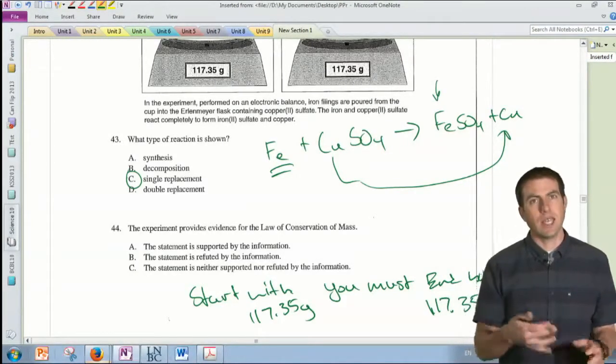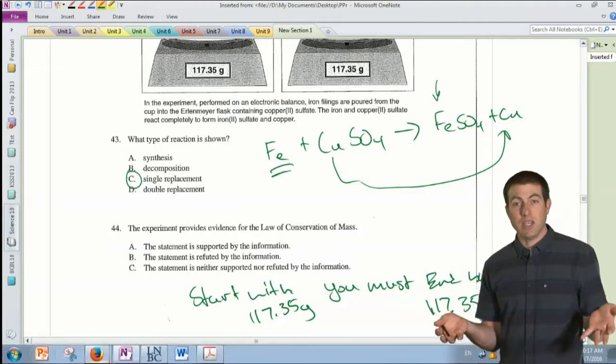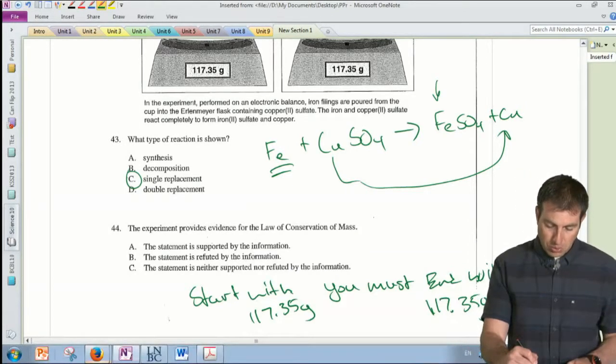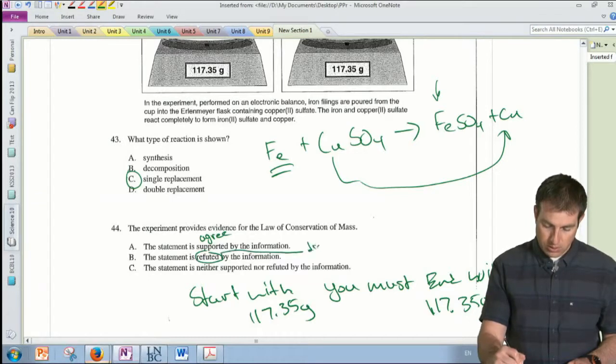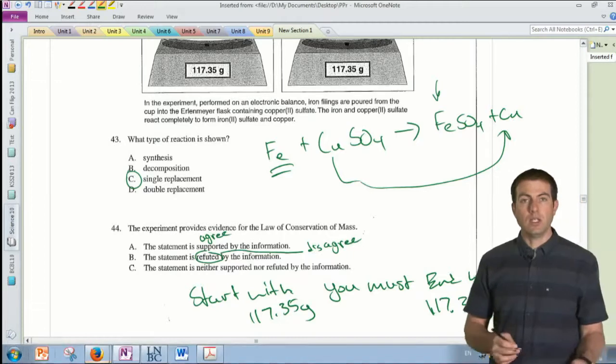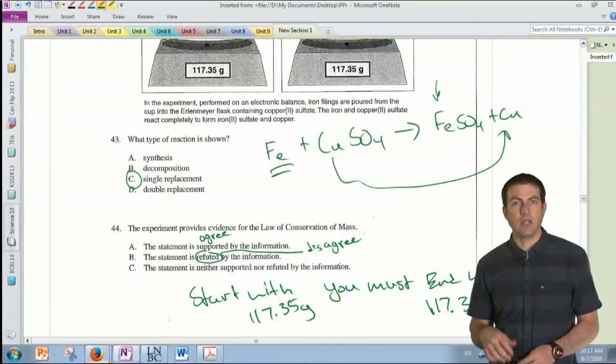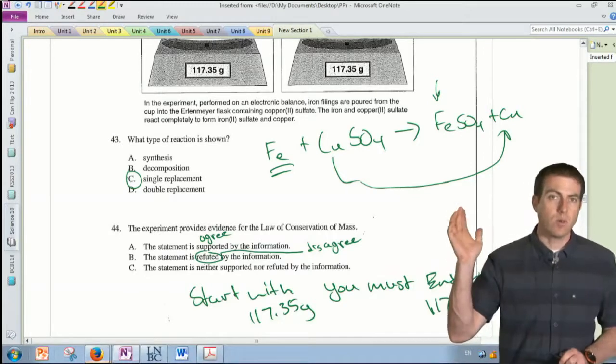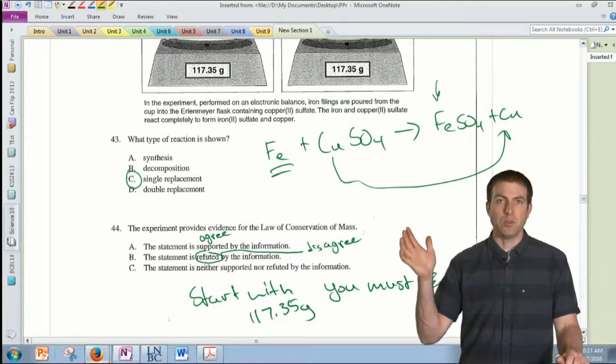You'll notice that again, it's kind of like an English type question. You get words like supported and refuted. Supported means agree, and refuted means disagree. If you run into words that you don't understand the meaning of in your science provincial, put up your hand and ask, hey, Mrs. Ward, I don't understand what refute means.